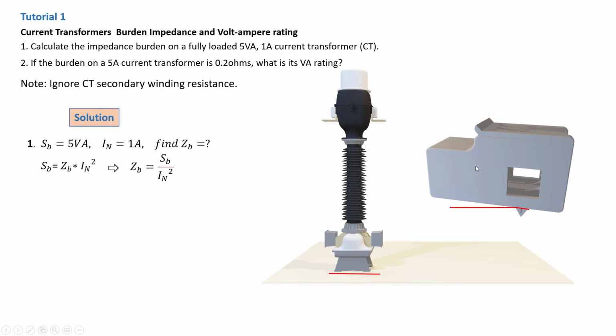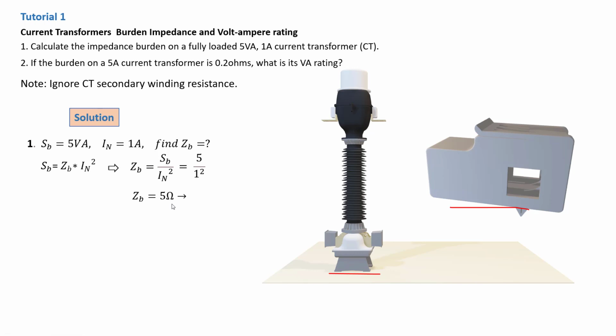That gives us ZB equals SB over IN squared. This becomes very simple to calculate because we have SB and we have IN. Then we replace and we find ZB is equal to 5 ohm. So this current transformer has a burden impedance of 5 ohm in this case.